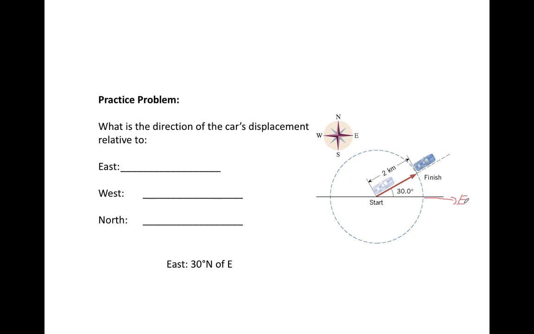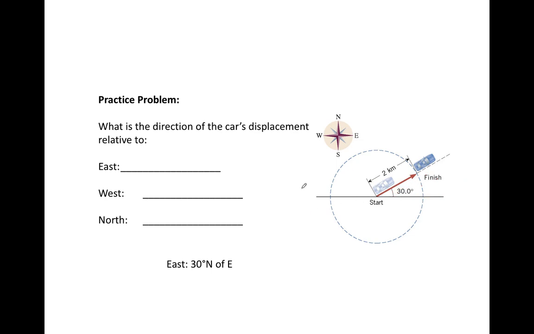East is always rightward on the page. And 30 degrees is here. So that's 30 degrees north of east. So first we start at east and then we move 30 degrees in the northward direction. So that means the car is 30 degrees north of east.